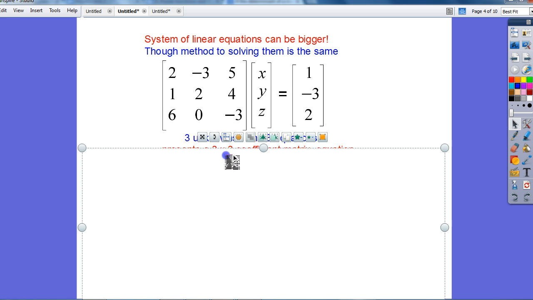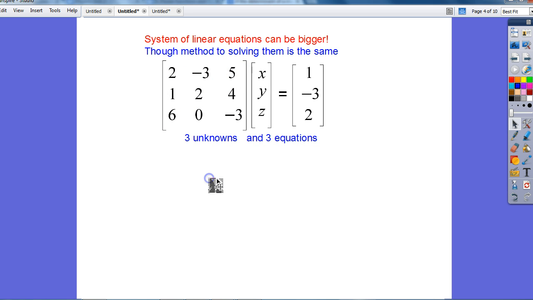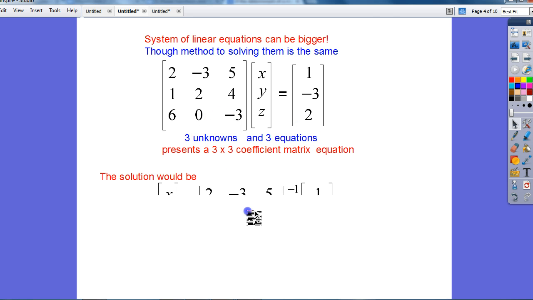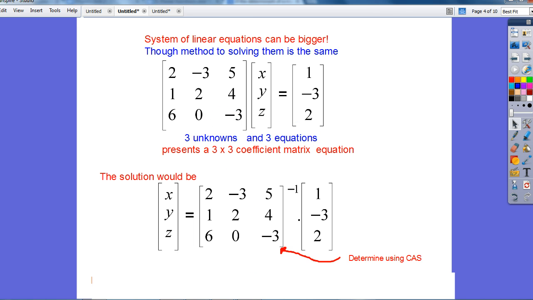And that allows us to end up with a square coefficient matrix, which can be determined to have an inverse matrix, and so a solution will exist. We get our 3 by 3 coefficient matrix here from our 3 equations and our 3 unknown parameters. And so here's our solution. Take the inverse of the coefficient matrix multiplied by the unit matrix.